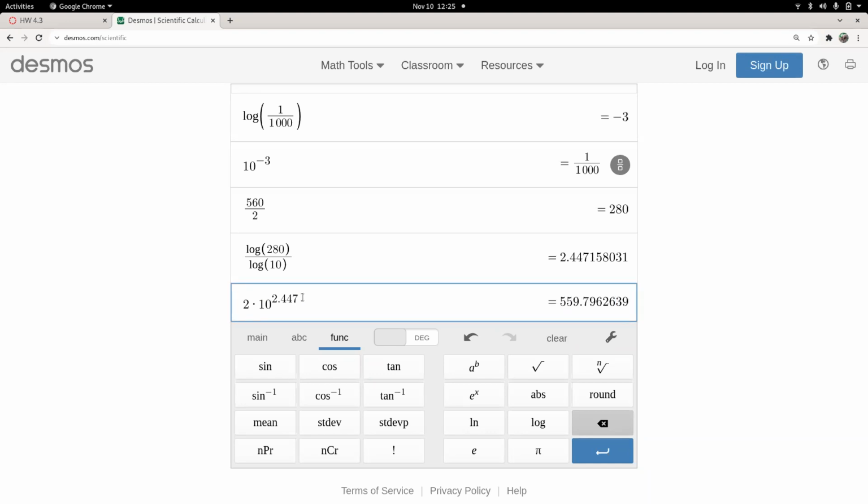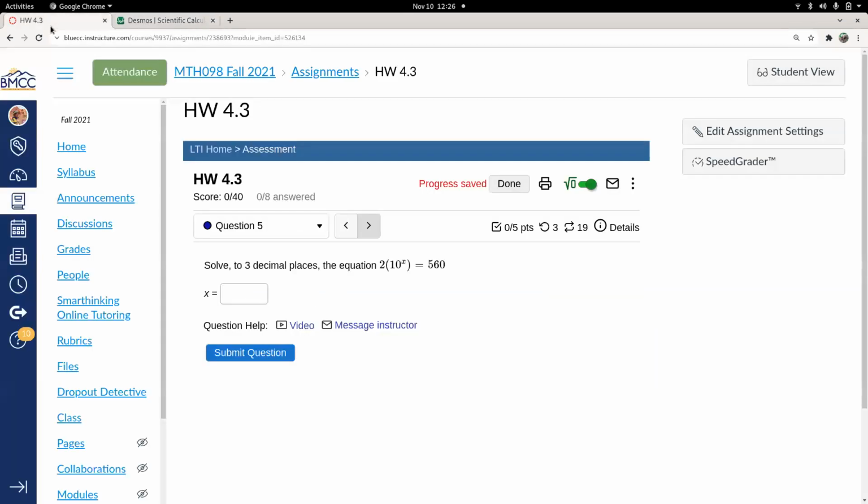If we add more decimal places, we'll get closer. So back into the power. I'm getting closer and closer to 560 the more decimals I add. Now this homework problem I think only wanted 3 decimal places, and I've just checked that that equation to 3 decimal places gets me pretty darn close to 560.